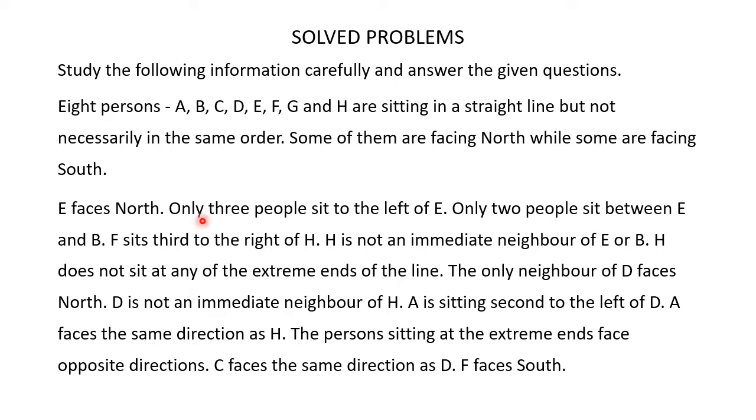Here only 3 people sit to the left of E is direct information which helps us to fix the position of E. Next, look out for statements which refer to E and continue from that statement to solve the problem.